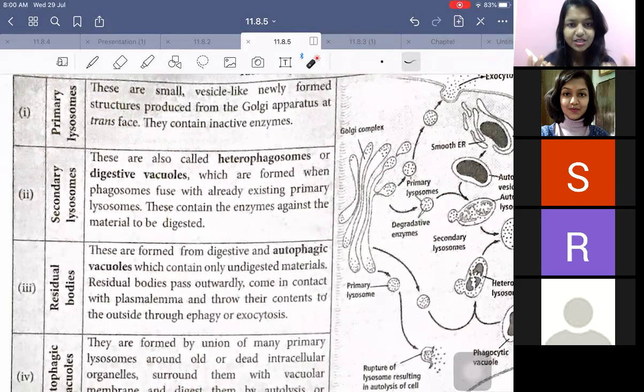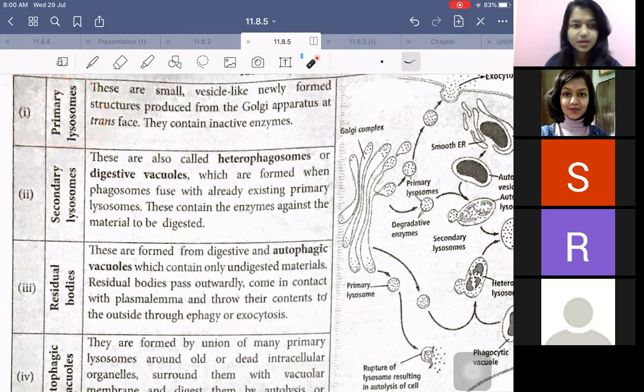Similarly, just now the lysosome has been formed from the Golgi body. That will be called the primary lysosome. Just now from the trans face of the Golgi body, a vesicle has come out. That is the primary lysosome. Any doubt here?